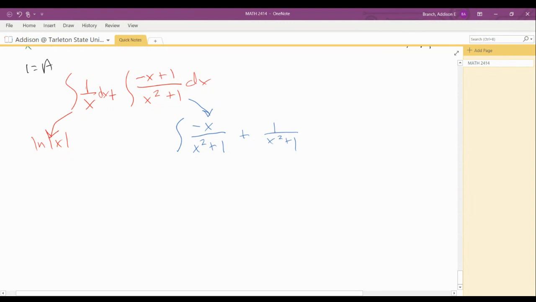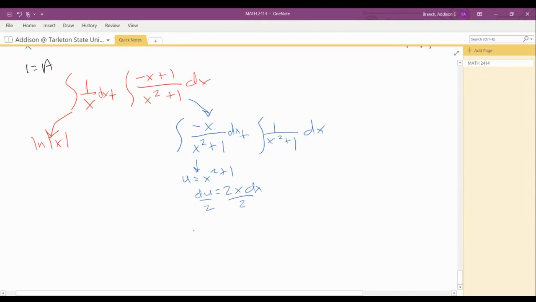All right, so now let's look and see what we have. Let's split up into two integrals. For this one, we actually have a pretty easy u-sub. We can say that u is x squared plus 1, du is 2x dx, divided by 2.